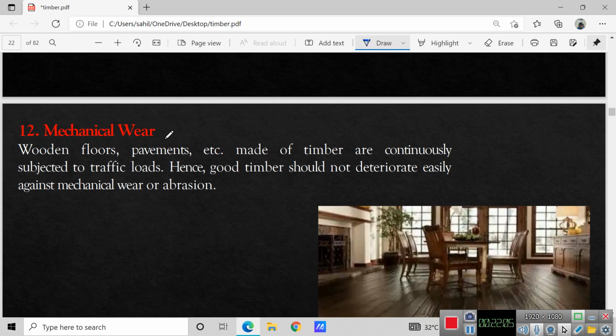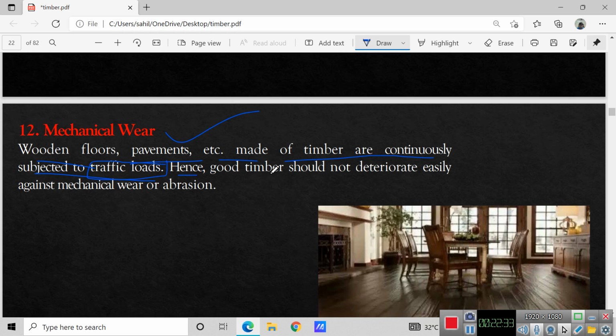Now number 12 is mechanical wear. Wood is also used for different mechanical purposes such as wooden floors, pavements, etc. Those made of timber are continuously subject to traffic loads. Traffic loads means inconsistent loads which are applied suddenly at a time, and the duration of the load is also very short.